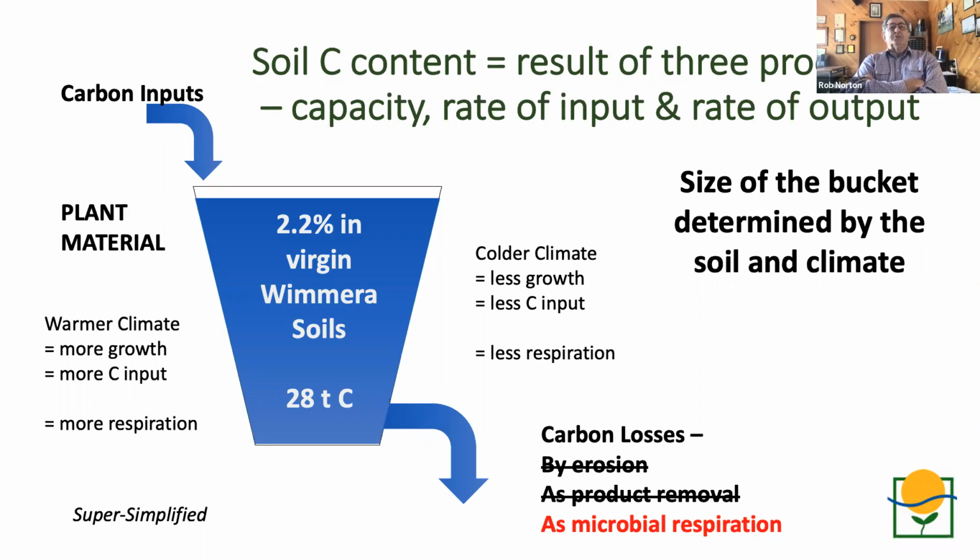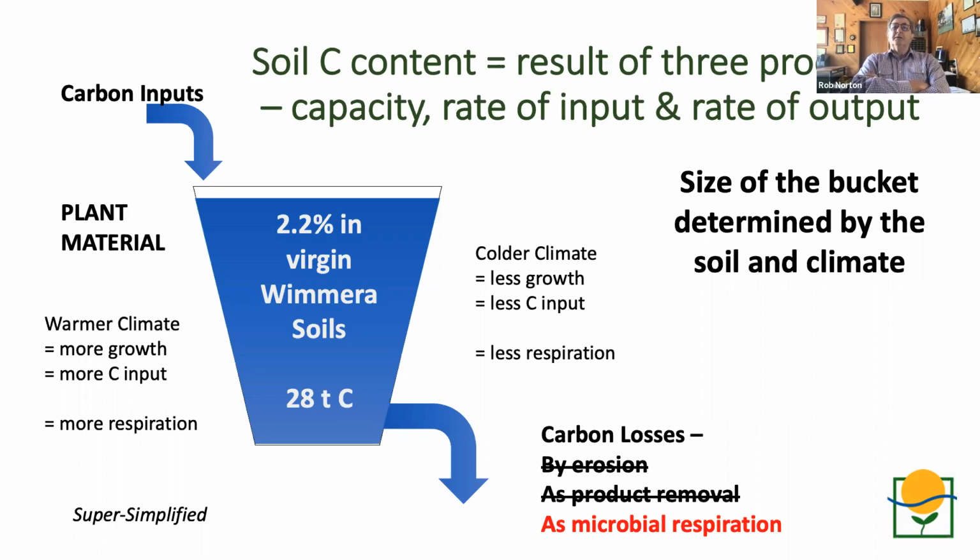Now, the reason that's 2.2%, not 5% or 3%, is again because of the climate. In that situation, we don't have erosion, we don't have product loss. All that's happening is a cycling of carbon around. If the climate's warmer, we get more growth, more carbon input. We also get more respiration.